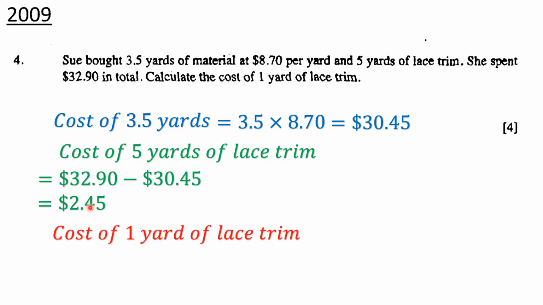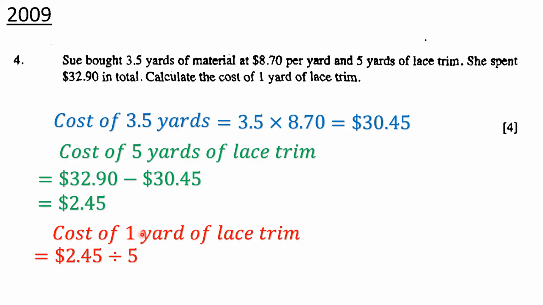Now, how are we going to figure out the cost of 1 yard of lace trim? We know the cost of 5 yards of lace trim, which is $2.45. And so now we need to figure out what is the cost of 1 yard. So that's going to be $2.45 divided by 5, because the cost for 5 yards is $2.45.